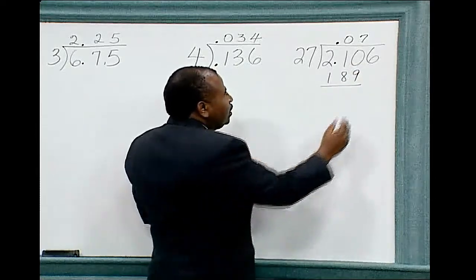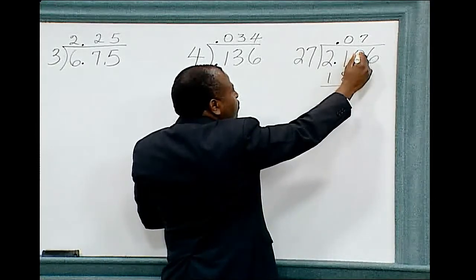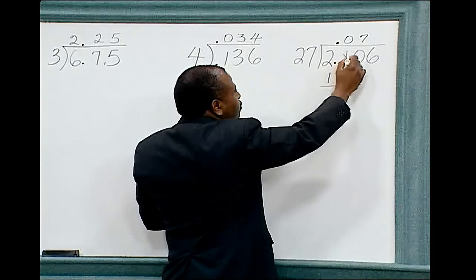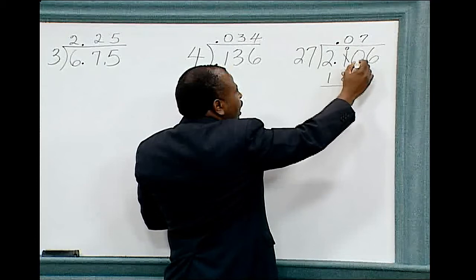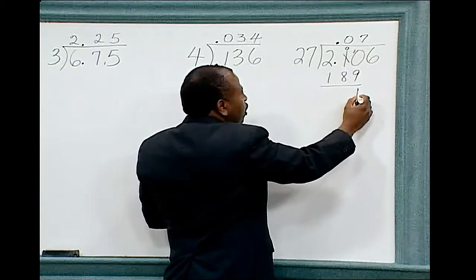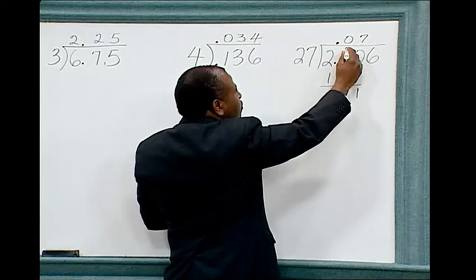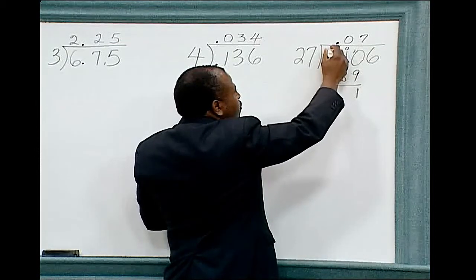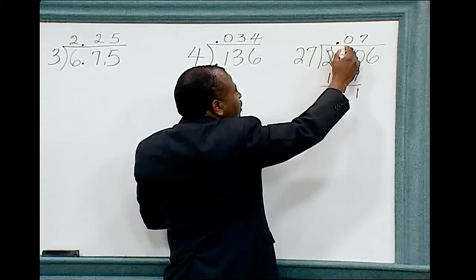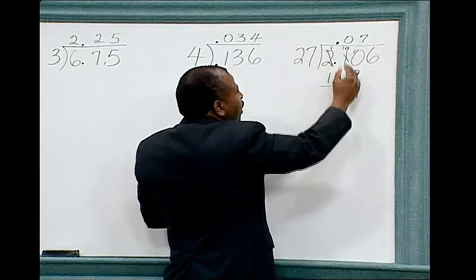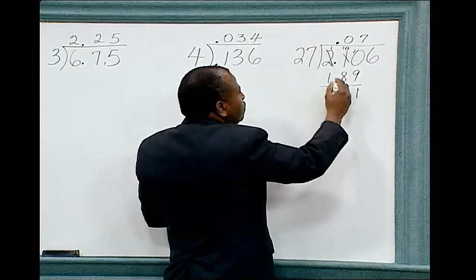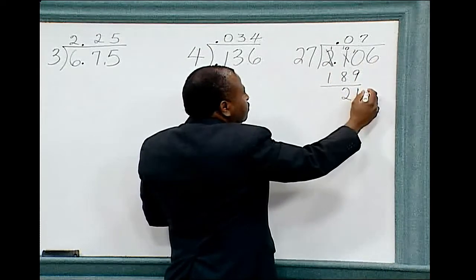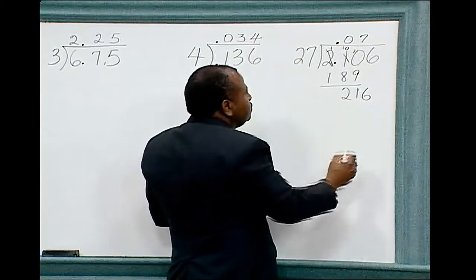Subtract. 9 from 0. We cannot take 9 from 0. Borrow from this 1 will lead us to 0. 9 from 10 leaves 1. 8 from 0 we cannot take, so we have to borrow from the 2, leaving the 2 a 1, making the 0 a 10. 8 from 10 leaves 2. 1 from 1 leaves 0. Bring down the 6.